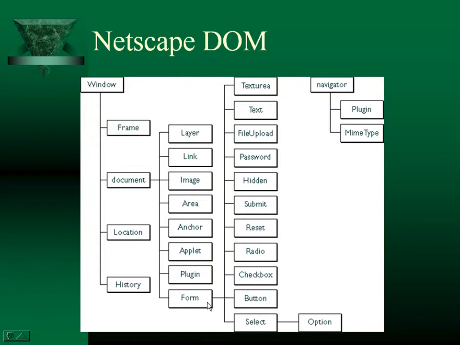Again, the form object contains text area, text, file upload, password, hidden, submit, reset, radio, checkbox, button, select, and option objects. Then navigator is a separate object which contains information about the version of the browser.